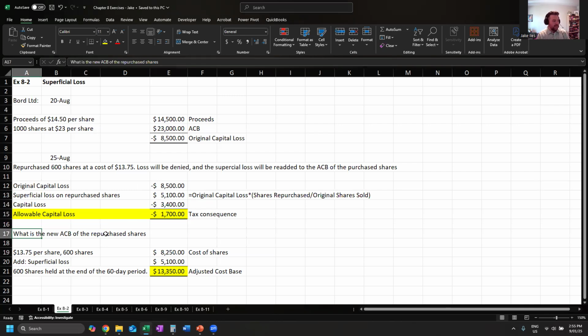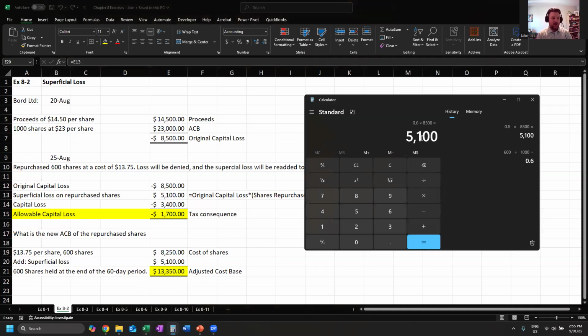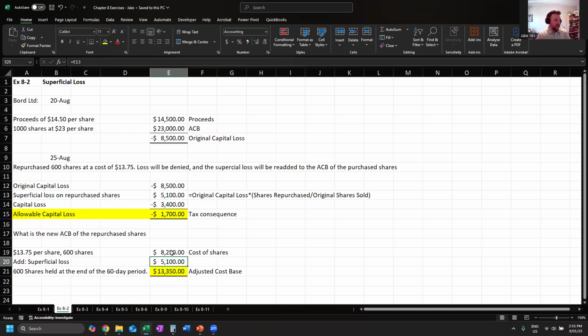But what's the new ACB of the shares? Well, we bought 600 shares at $13.75. That cost us $8,250. And we have to add back what we calculated our artificial loss to be. Our artificial loss was that 5,100, 60% of the loss we sold. So we will add that back to our cost. So our total cost for our repurchased shares is 13,350.